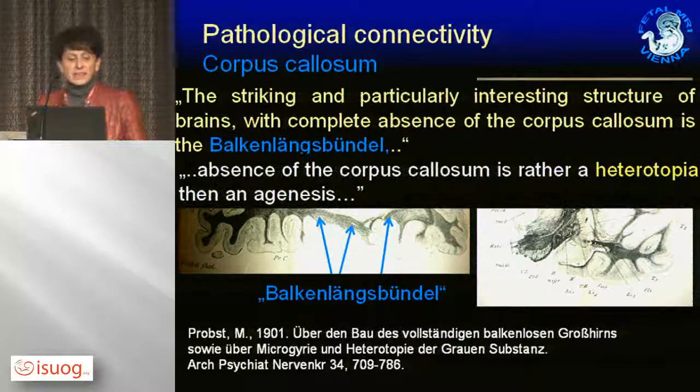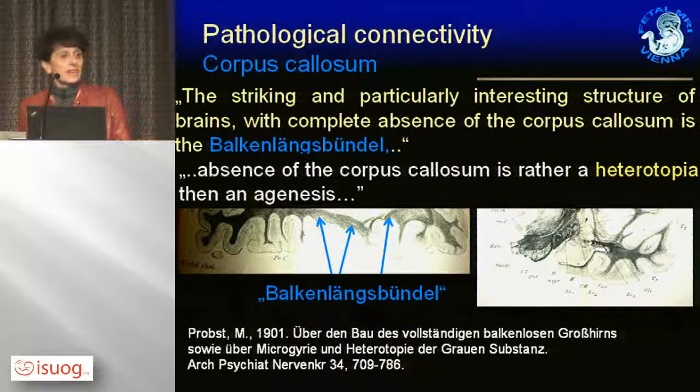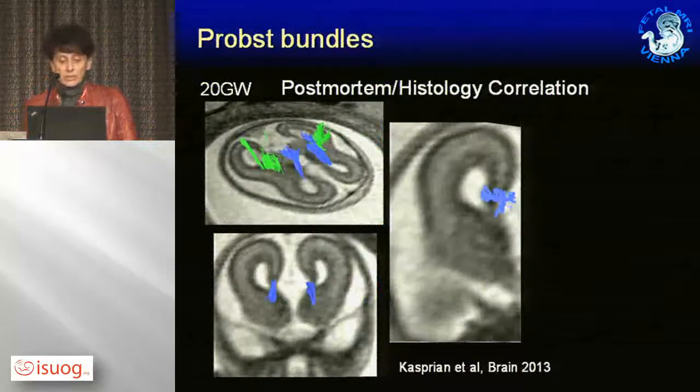Because the next thing he said was the absence of the corpus callosum is rather a heterotopia than an agenesis. And you know, of course, from gray matter, a heterotopia is a normal structure in an abnormal location. So the Probst bundle is a normal structure in an abnormal location. So it is the corpus callosum in an abnormal location.